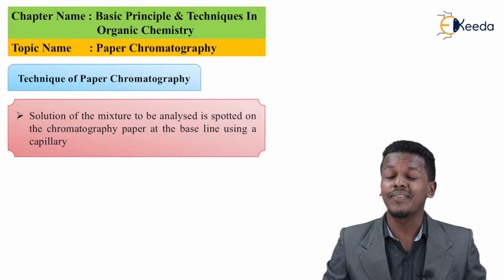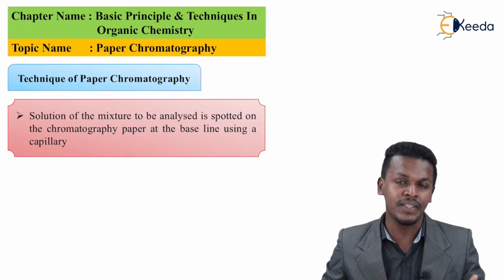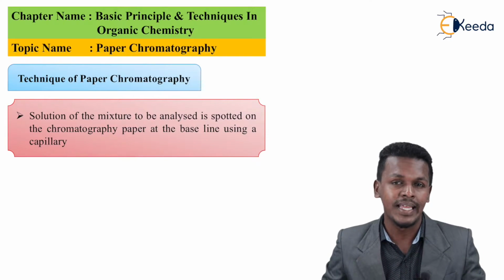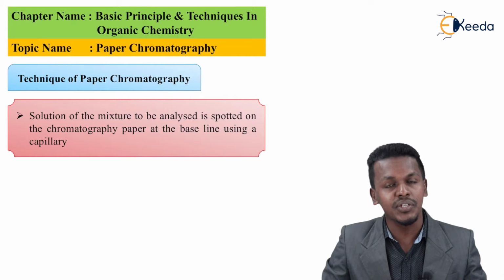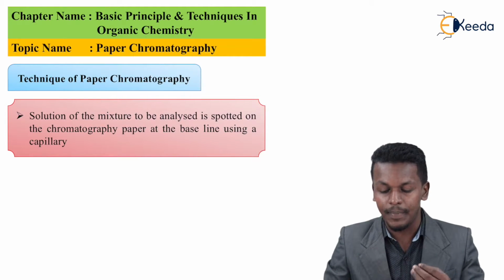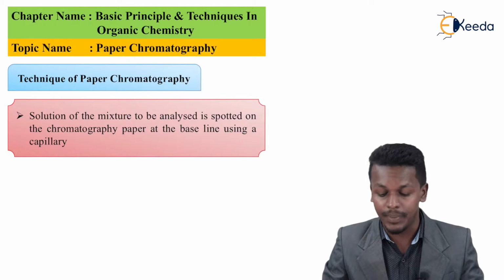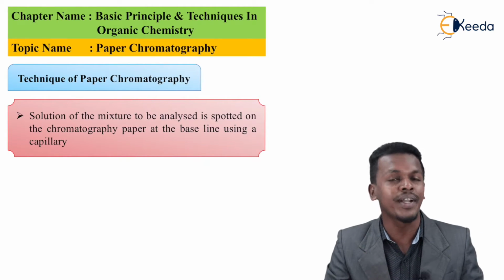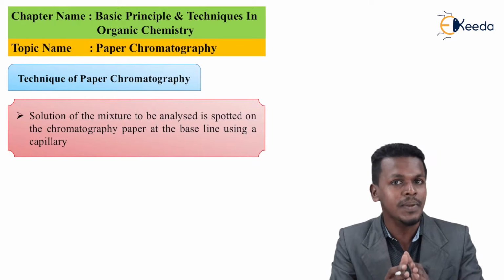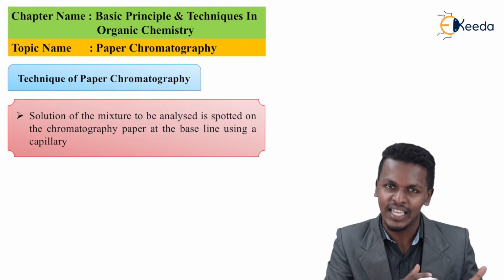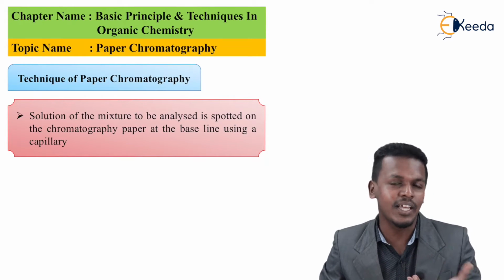So in paper chromatography, we use a special kind of paper known as chromatogram paper. Here, the solution of the mixture to be analyzed is spotted using a capillary on the chromatogram paper, and that is how it is placed on the baseline. It is very similar to the previous technique we did in thin layer chromatography.